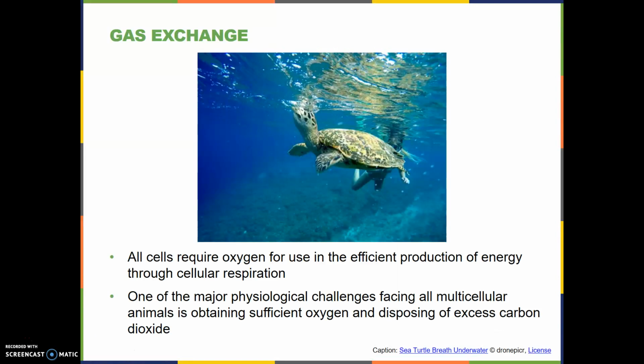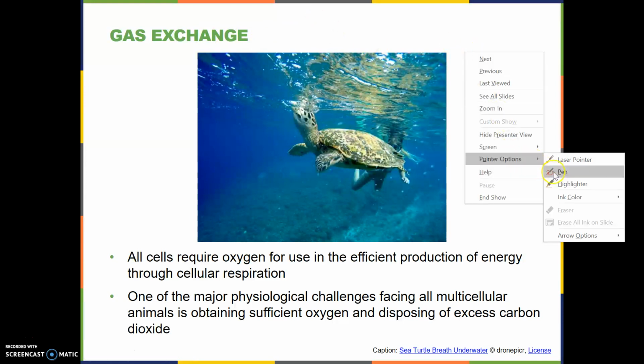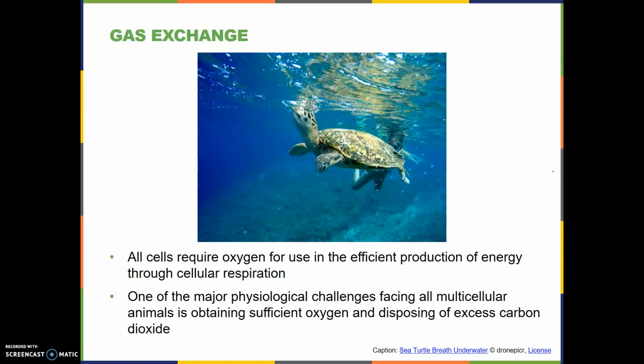The primary function of the respiratory system is gas exchange, and the gases that we're talking about are oxygen and carbon dioxide. All of our cells require oxygen for cellular respiration. We learned that in Bio 111.